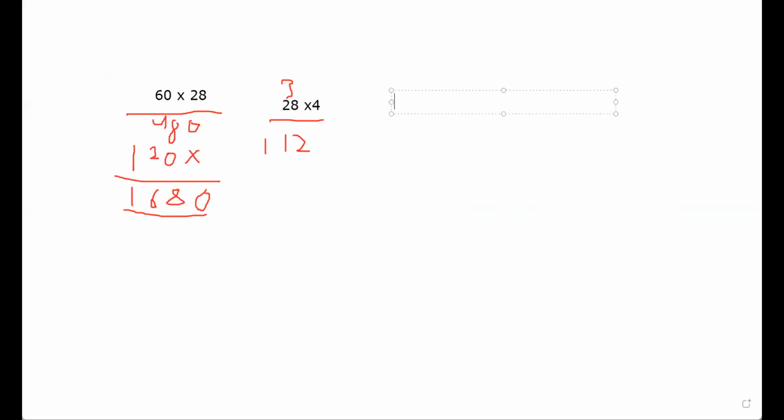112 into 15. What do we have to do? 5 twos are 10. 5 ones are 5, plus 1 will become 6. And you have to multiply with this 1 again. So this will become 2 1 1.